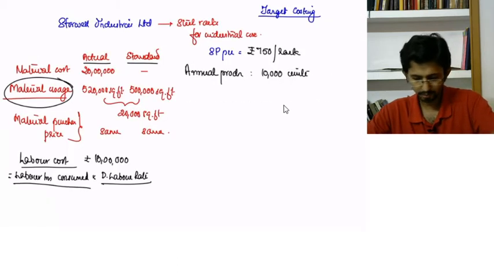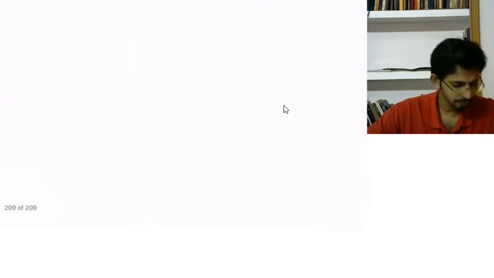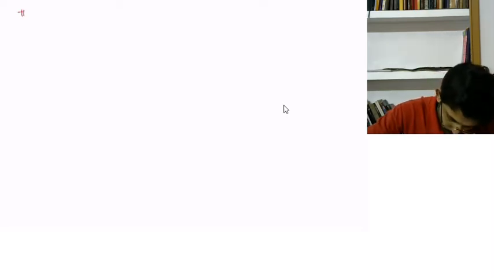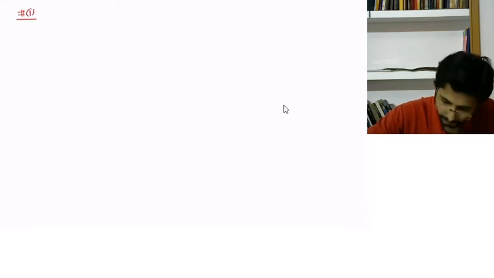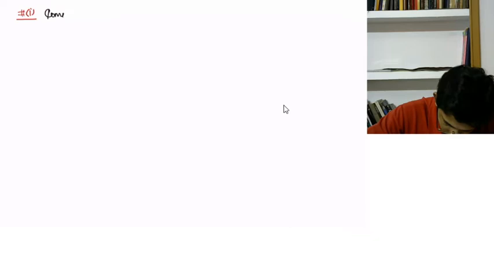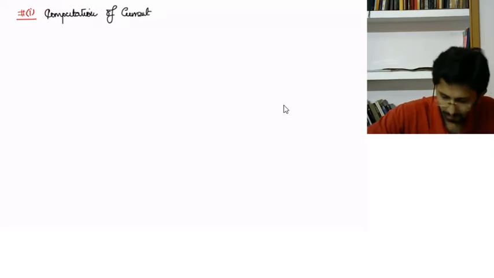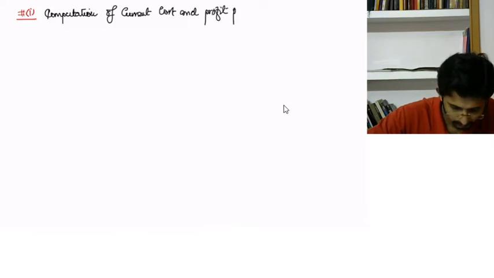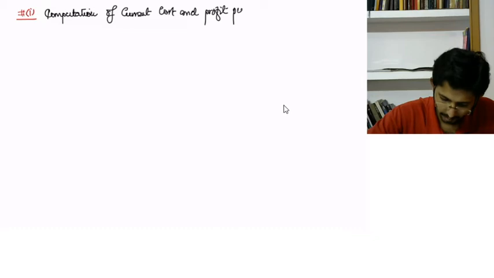Okay, now we will go ahead. So the first part will be what? The first calculation is you need to compute the current cost and profit per unit. So 1, current cost and profit per unit.